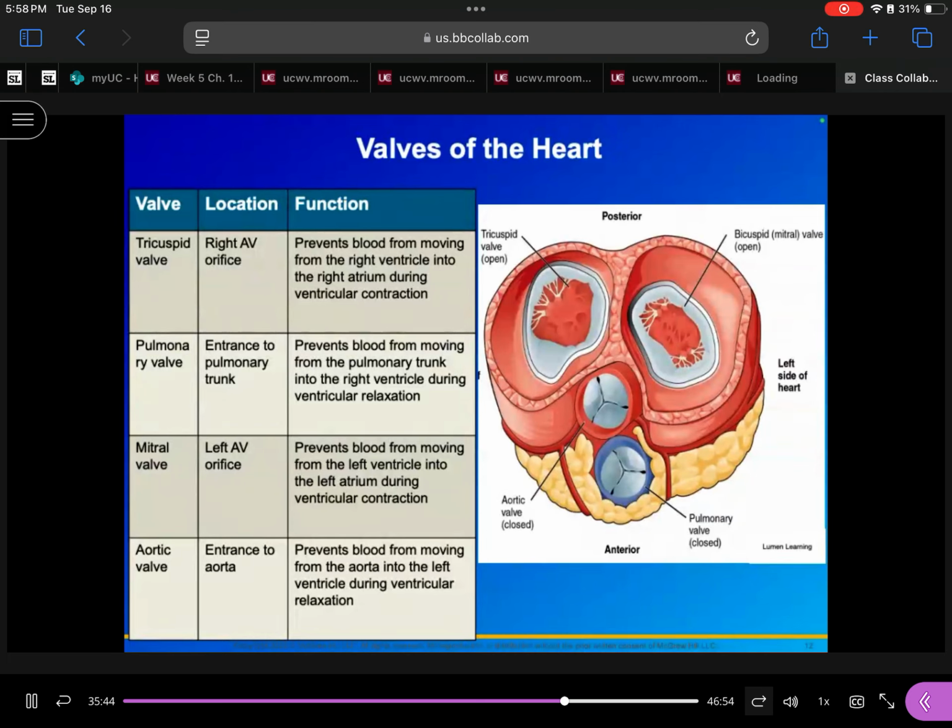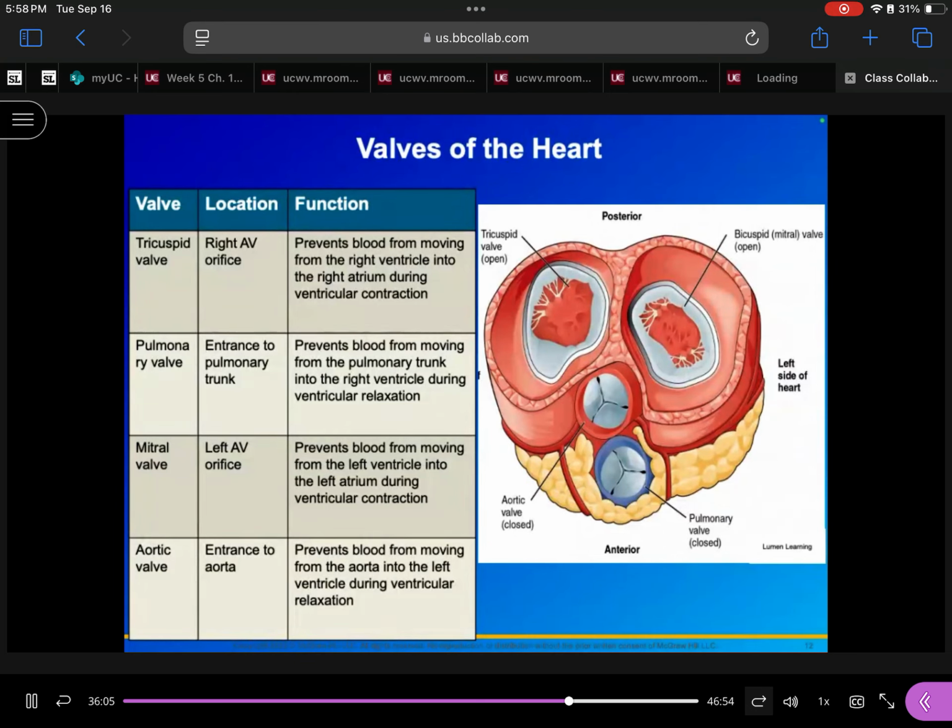And then the pulmonary valve, I think it's helpful to name it the pulmonary semilunar valve, is preventing blood from moving from the pulmonary trunk back into the right ventricle. And I can't really describe it very well. Whenever it's relaxing, it's going to be down here. And same way for the aortic valve into the left ventricle.